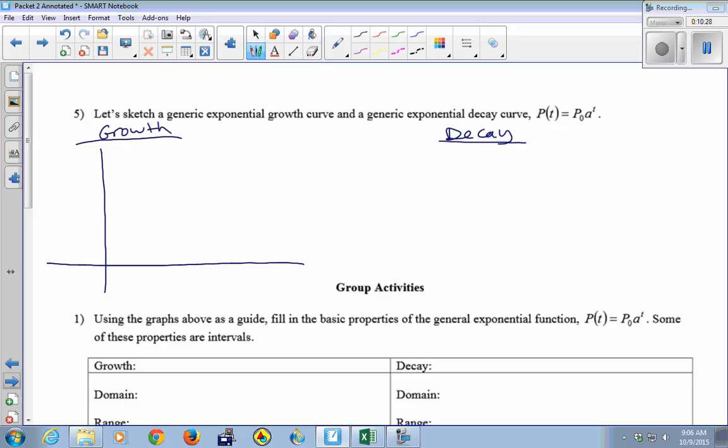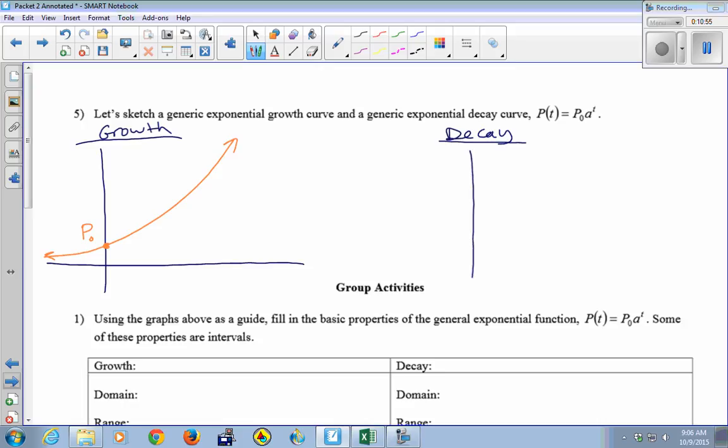So it's something like that, right? And this value, what is that? That's P naught. Yeah, it's the initial value. Because if t is 0, anything to the 0 is 1. P naught times 1 is P naught. So your y-intercept is always going to be P naught.